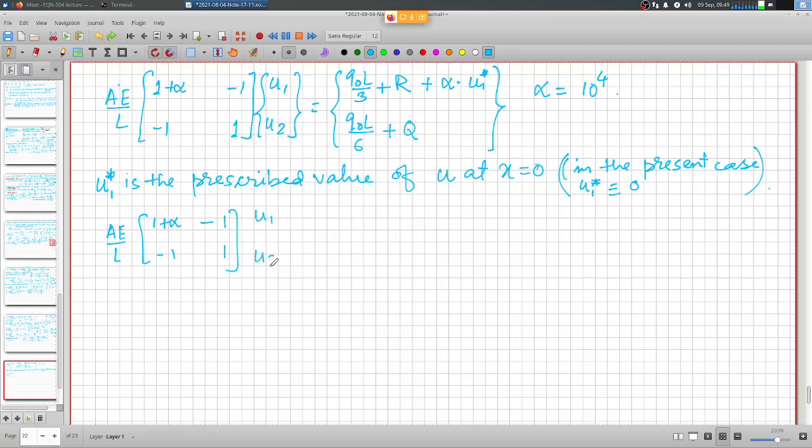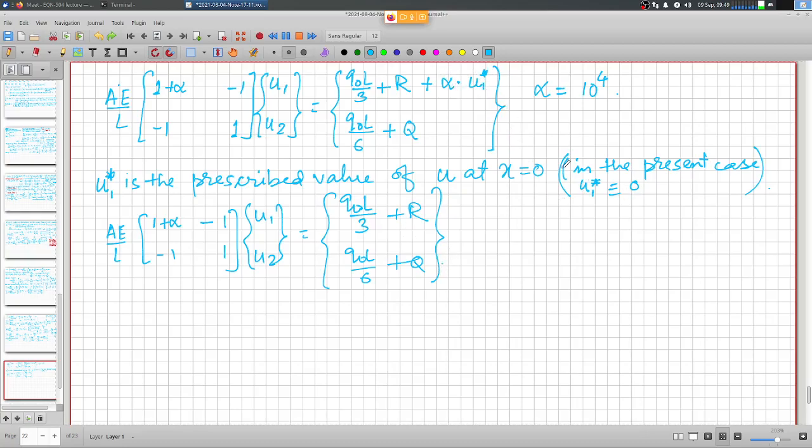u1, u2 is equal to q naught L by 3 plus R, q naught L by 6 plus q. This term would vanish because u1 star is equal to 0.